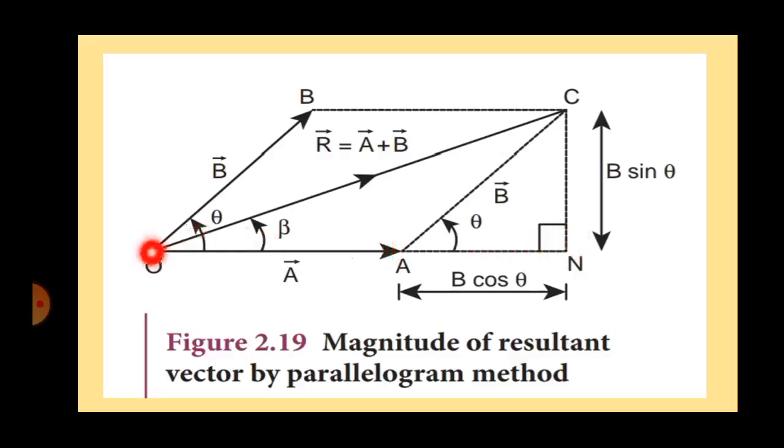What is the value of ON? OA plus AN, whole square. The value of OA is the magnitude A, and AN value is B cos theta, CN value is B sin theta.